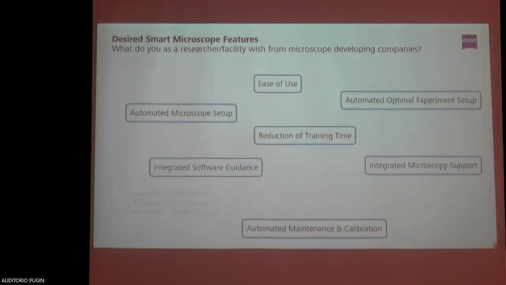And if you sum up some smart microscopy features that are wished for by the scientific community, it's of course ease of use, but also automated options to set up the microscope, integrated microscope support, and reduction of training time so that the facility managers or the lab technicians have more time to support more people, and help with image analysis.